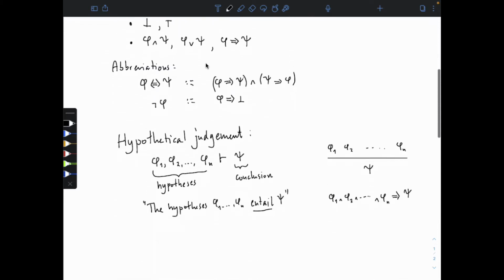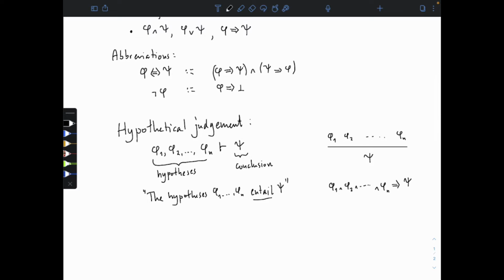And this thing here, a hypothetical judgment, this is what we actually care about. Let me try to color this a little bit. This is an entity that is inside the logic. This is part of the logic itself.